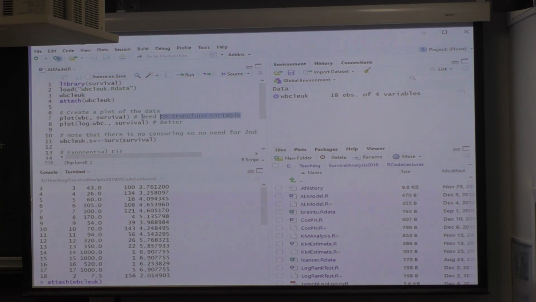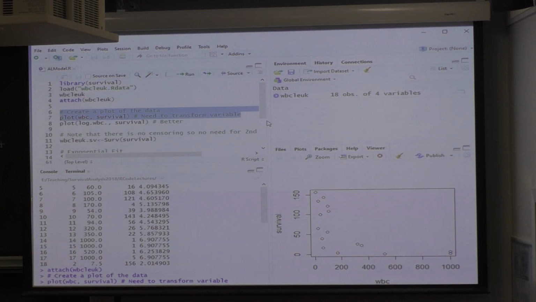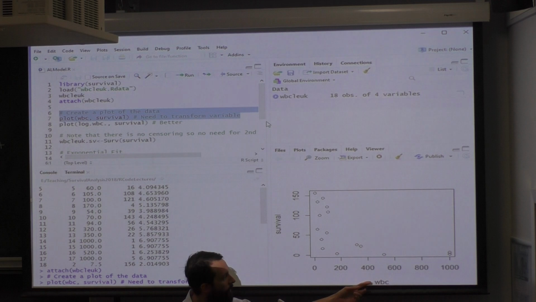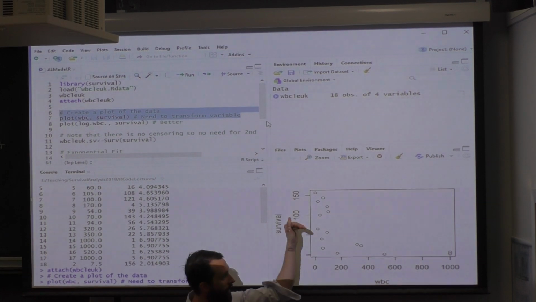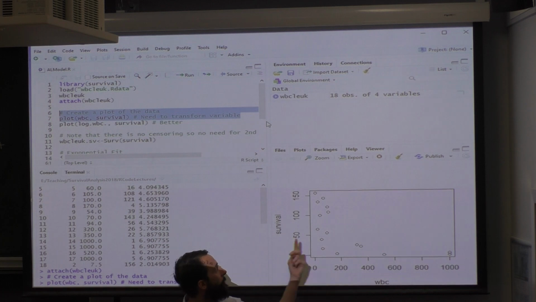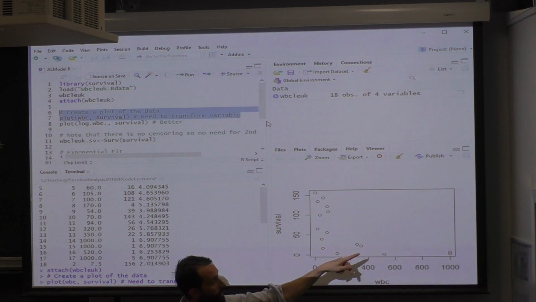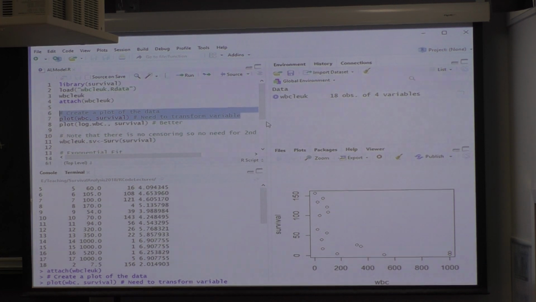So we aren't going to model the dependence on white blood cell count directly, because we want a linear relationship between expected survival time and our variable. That doesn't look very linear. So what we're going to do instead is transform white blood cell count to log.